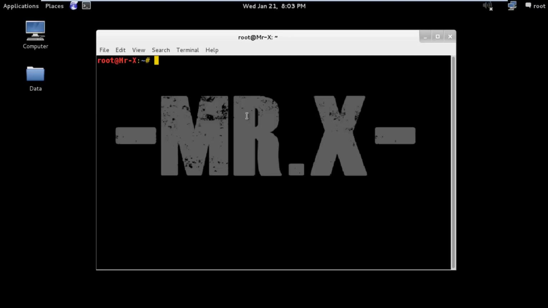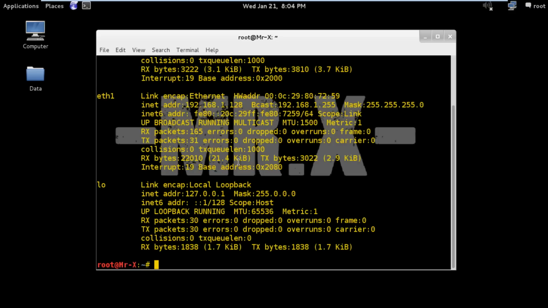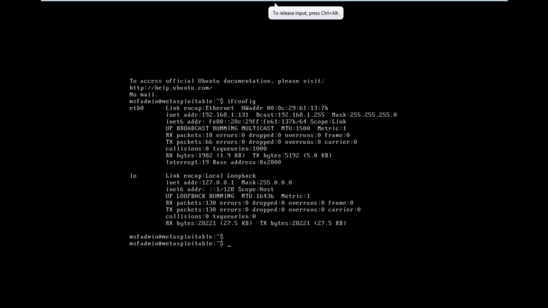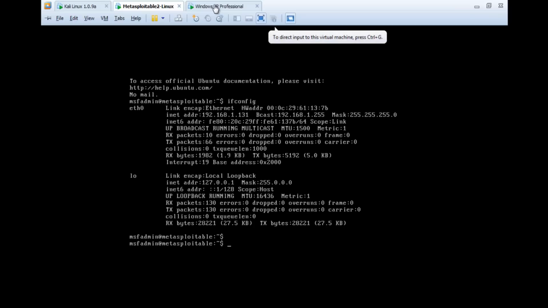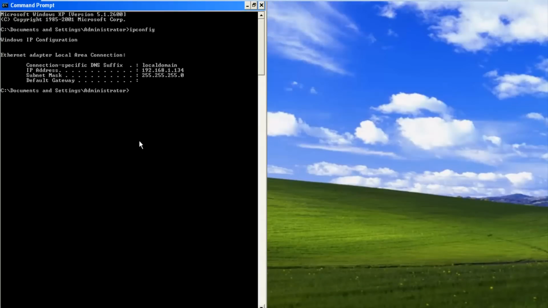So I'll show you my lab. Here is my Kali Linux and its IP address is 192.168.1.128. Suppose computer B, which we want to scan, has the IP address 192.168.1.131. You can see here, it's our zombie machine, and its IP address is 192.168.1.134.